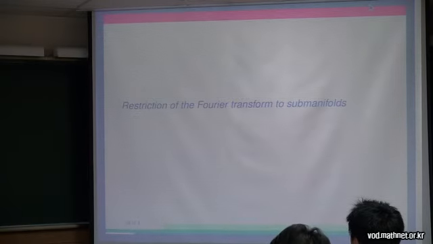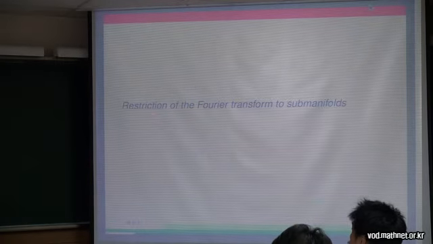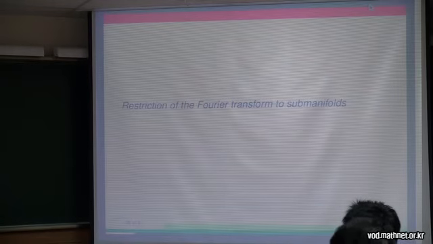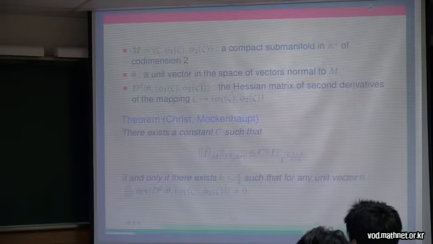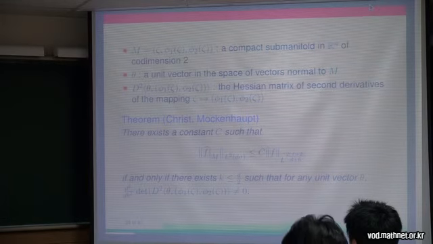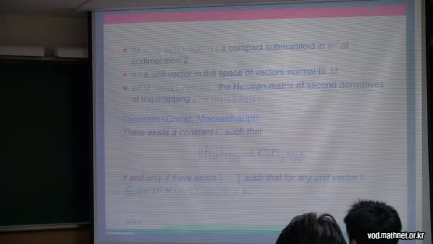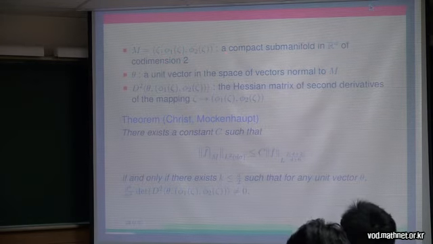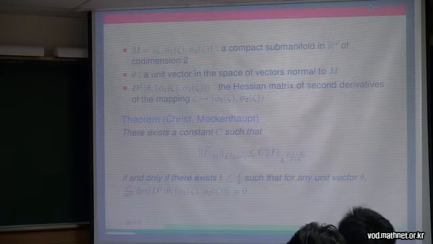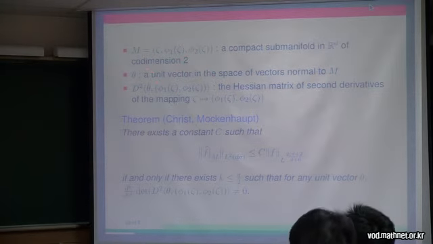Finally, we see the restriction of the Fourier transform to some submanifold. Let me give some notation. Here M is given by zeta, phi 1 of zeta, phi 2 of zeta, a compact submanifold in R^d of codimension 2.